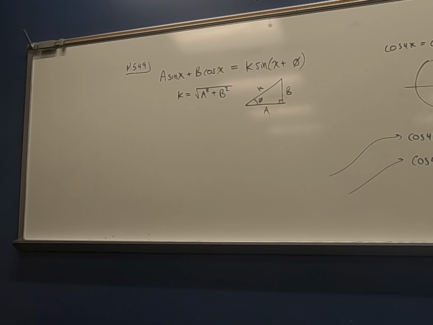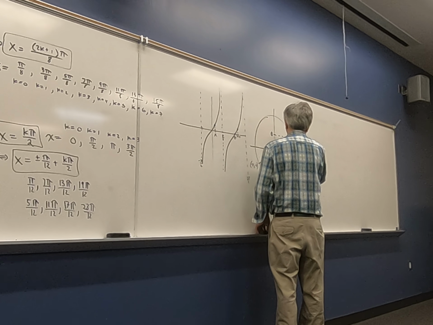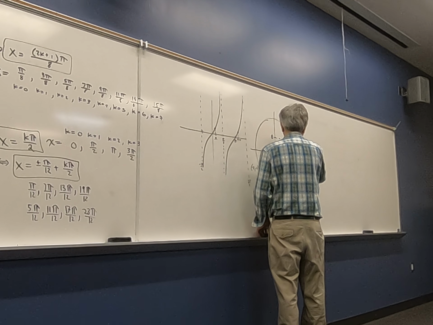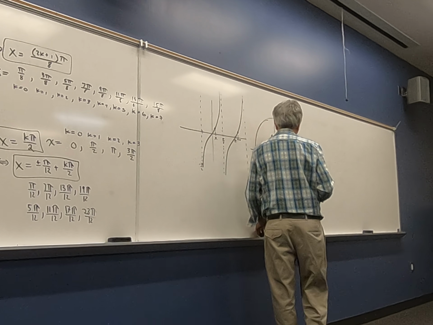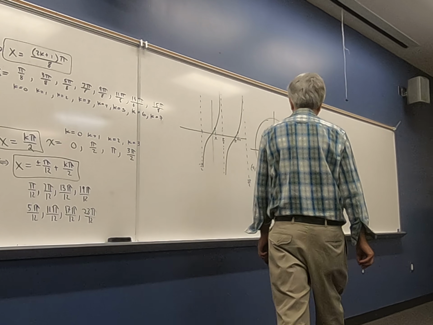And so this is the angle whose tangent is B over A. The opposite side has length B, the adjacent side has length A, in the right triangle there. And the hypotenuse is length 1, right?